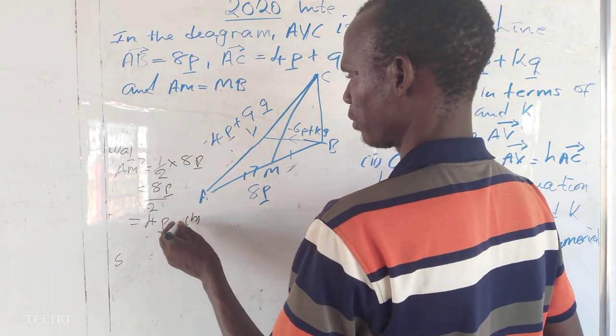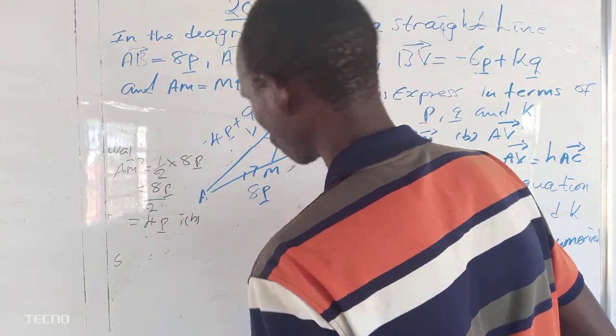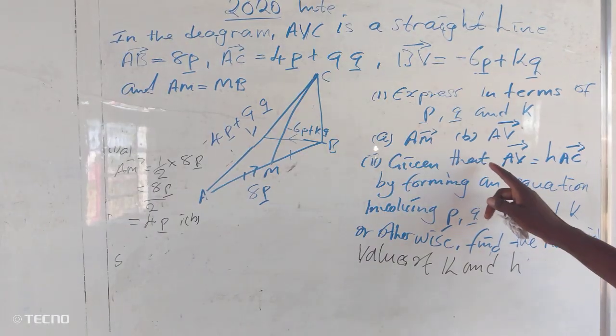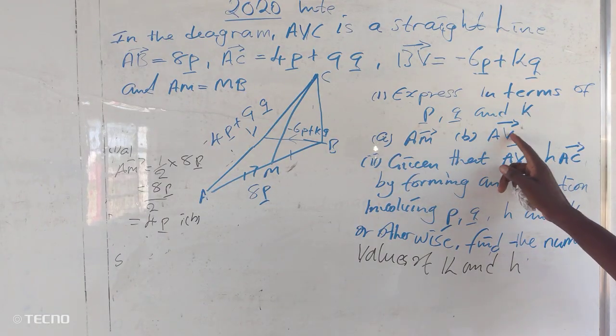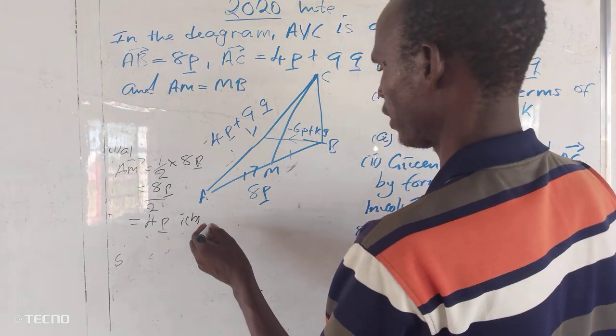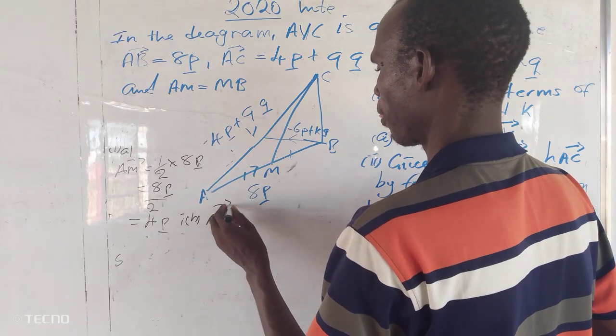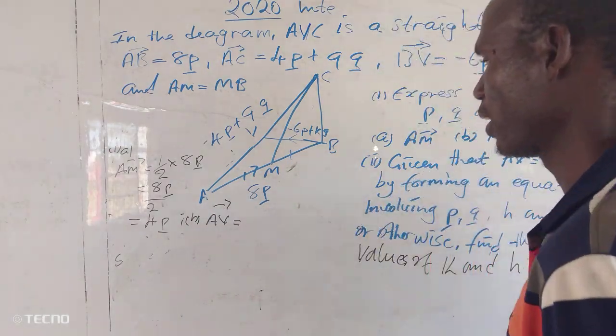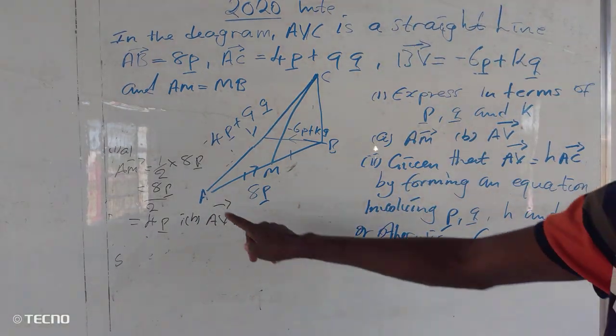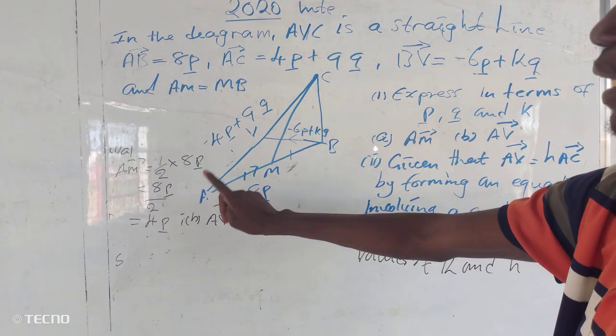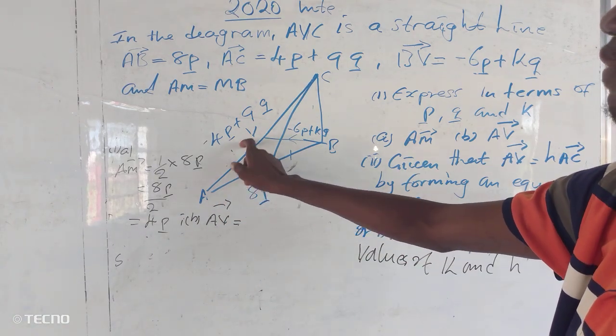Then we come to Roman numeral 1, B. B is vector AV. How do we get vector AV? Vector AV means you are moving from A to V. Do we know the vector here?